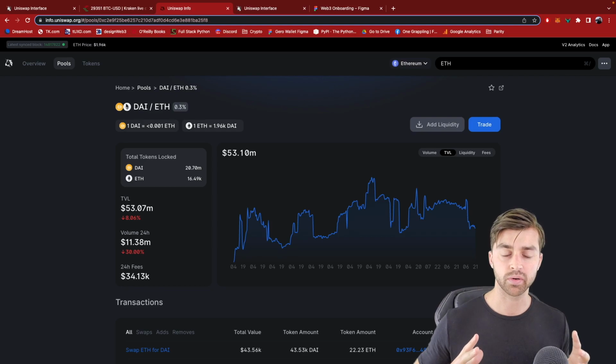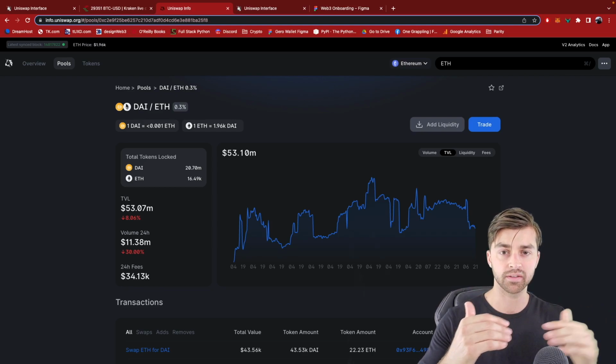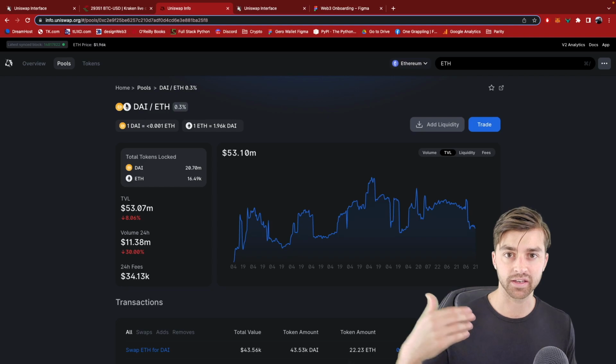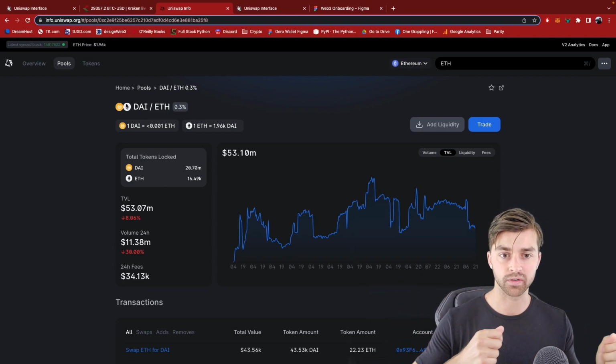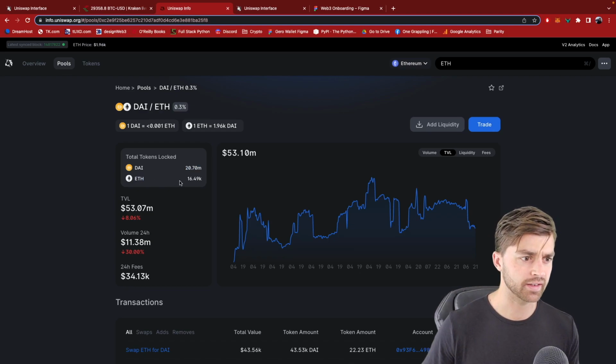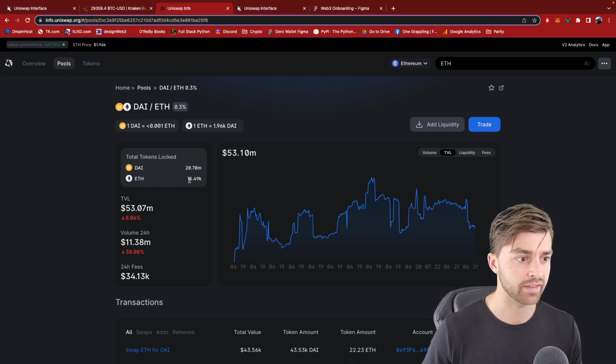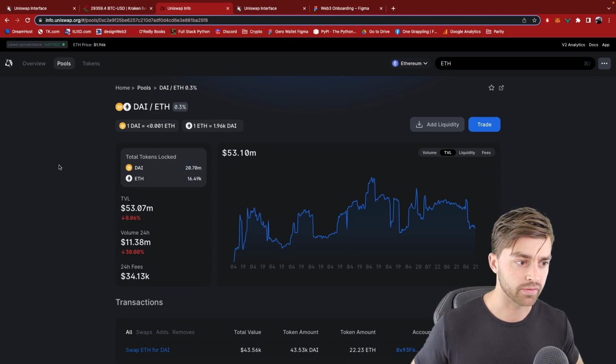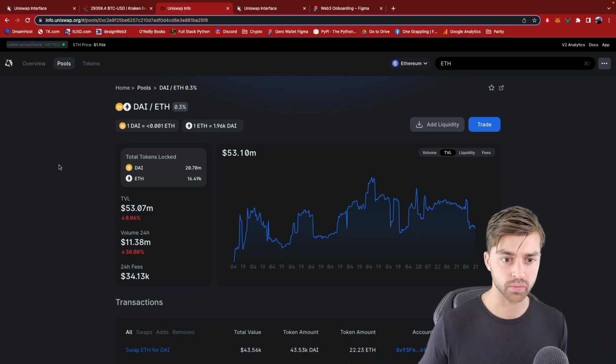So people put in their DAI and ETH tokens, and then a trader like me can come in and swap their ETH for DAI. So we can see here that on Uniswap, the ETH DAI liquidity pool contains 20.7 million DAI tokens and 16,000 ETH. And I just added ETH in and took out DAI. Okay. So this is how a liquidity pool works.